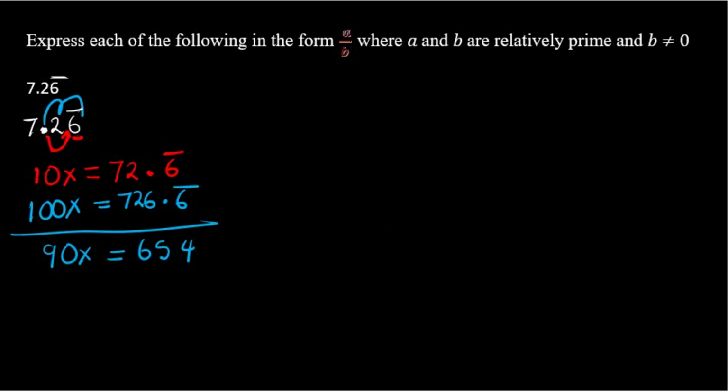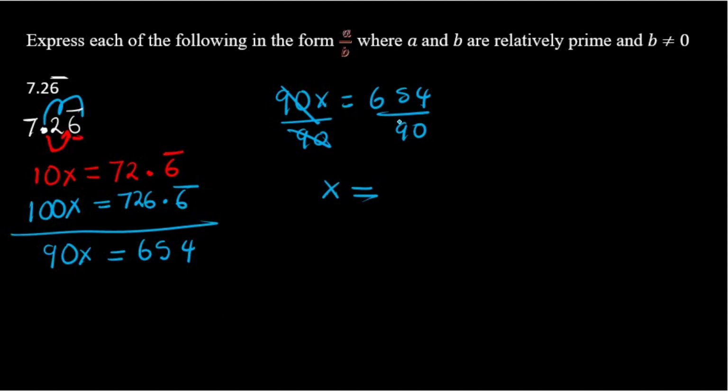So what you do next is you say 90x equals 654 divided by 90, divide by 90. So you do that.